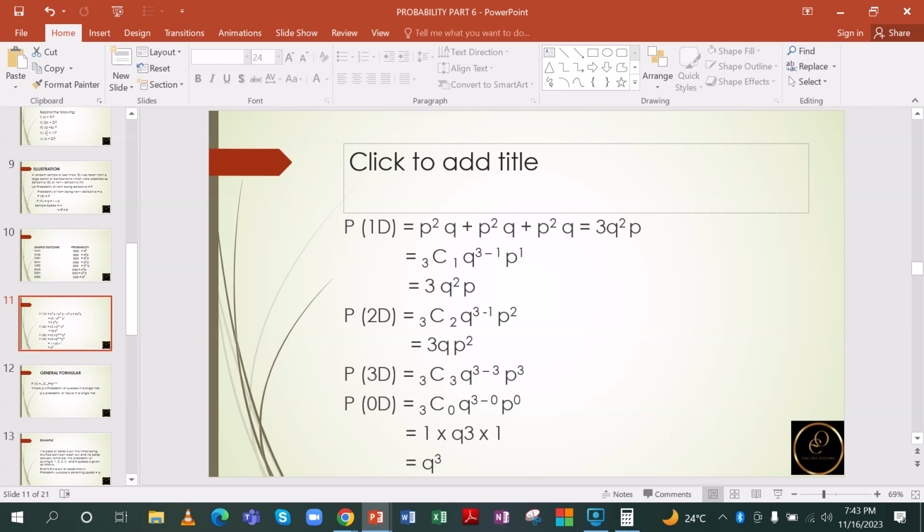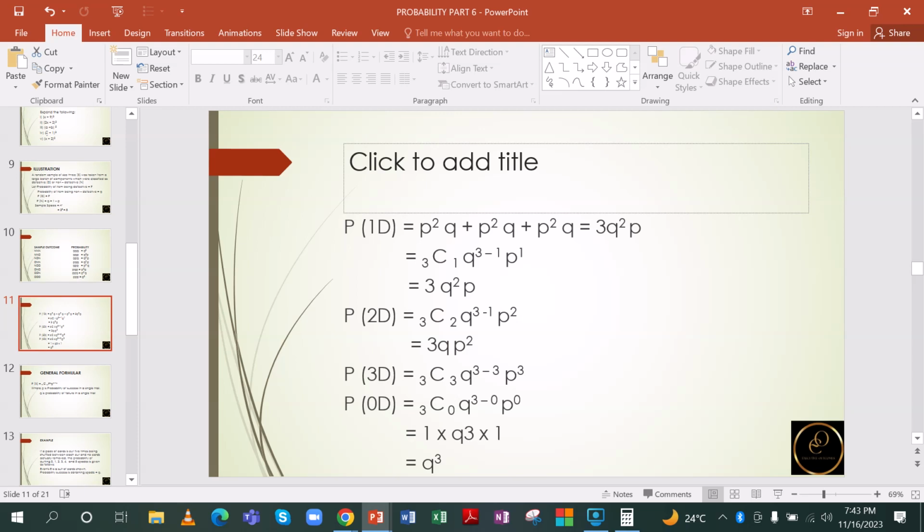Okay, then the next probability is P raised to power 0, the same. So then you're going to end up with this, which is Q cubed, because 1 times Q cubed times 1 will be Q cubed.